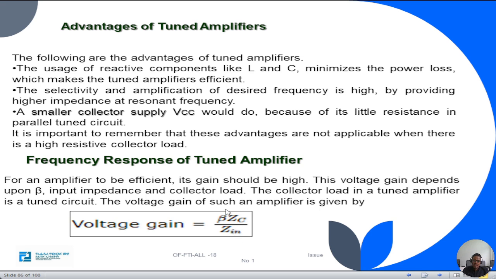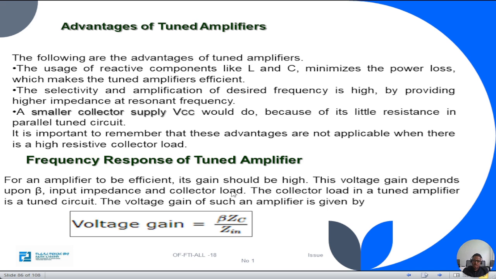That is what you learned first: when the resistive load is replaced by the tuned circuit, the gain of that amplifier is beta ZC over Zin. But before replacing it with a tuned circuit, the gain of that amplifier is beta RC over Rin. So this R is replaced by the tuned circuit, and the frequency response of the tuned circuit determines the voltage gain of our amplifier.